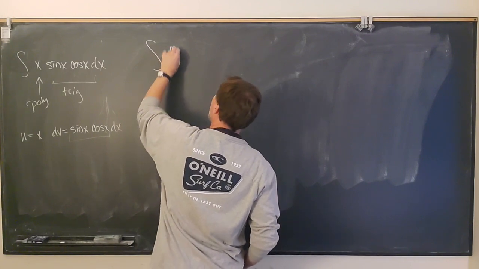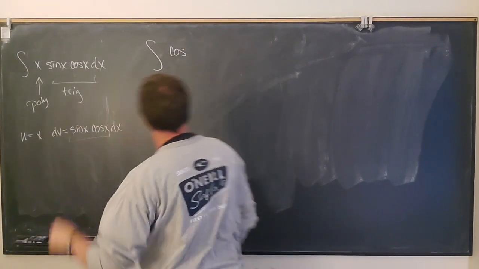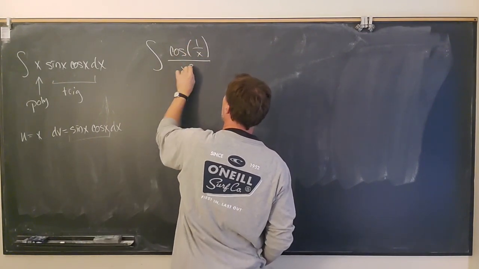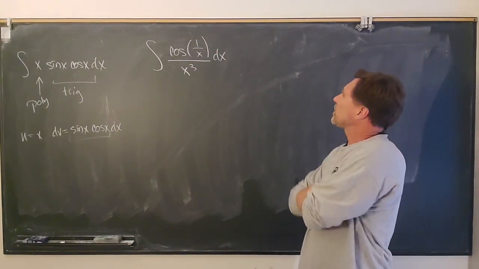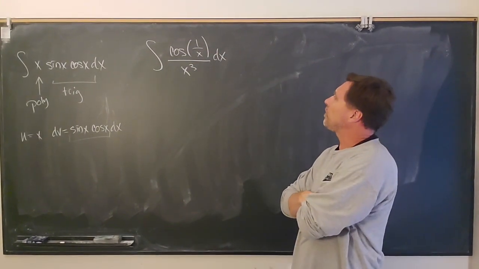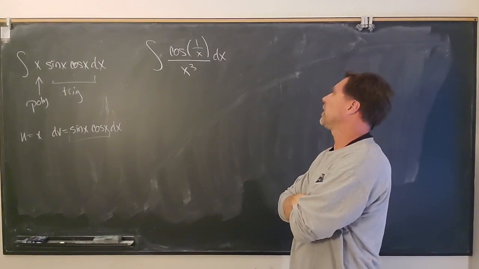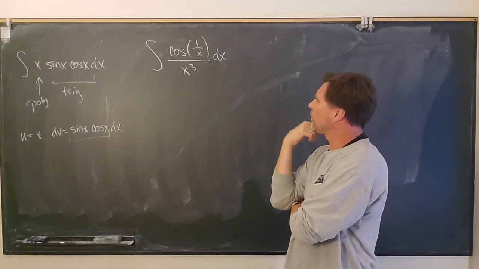Cosine of 1 over x, divided by x cubed, dx. All right, so what do we see? I see some polynomial part, I see some trig part. I'm thinking probably integration by parts might show up. I'm not positive, but it could very well show up.